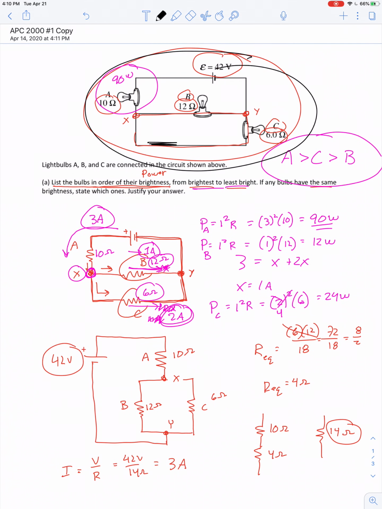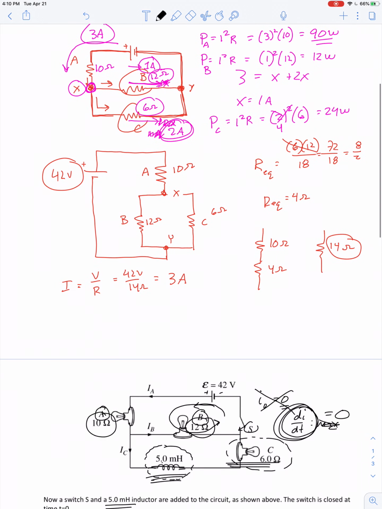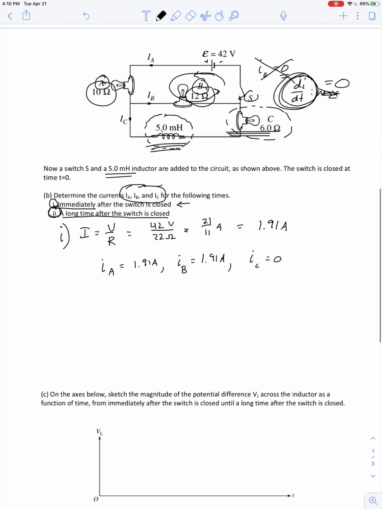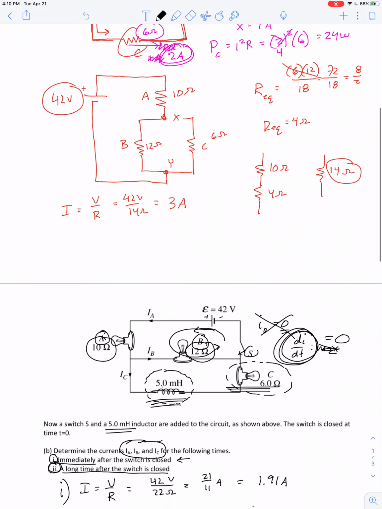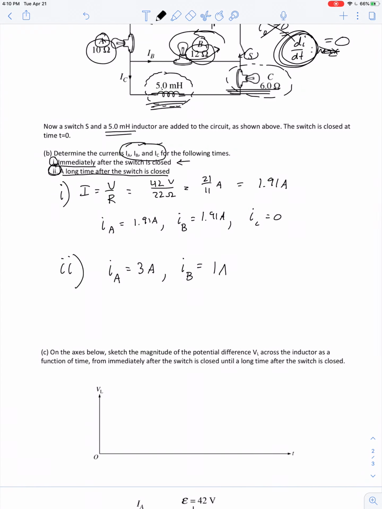The inductor might as well just be a segment of bare wire, and so we've already found those values. The current in A is equal to 3 amps. The current in B is equal to 1 amp, right? And the current in C is equal to 2 amps.